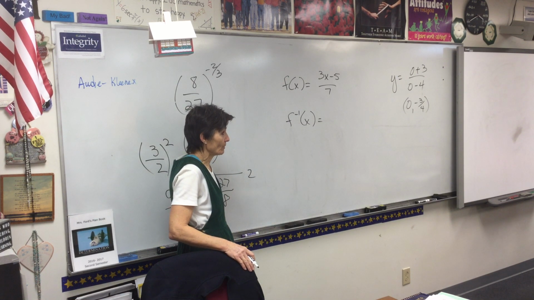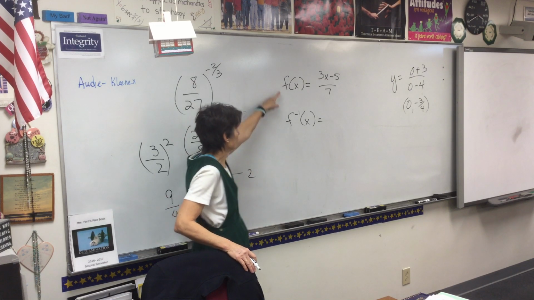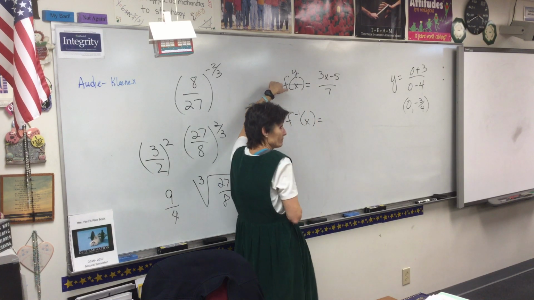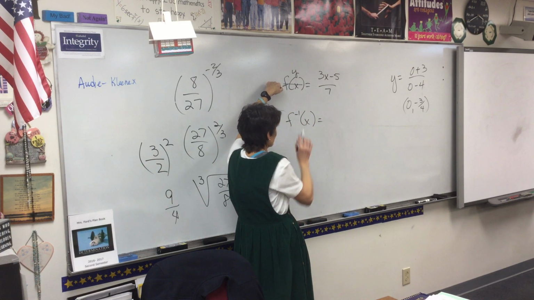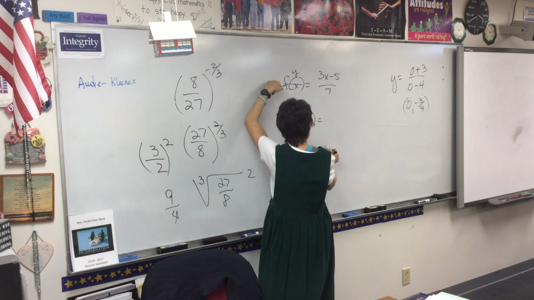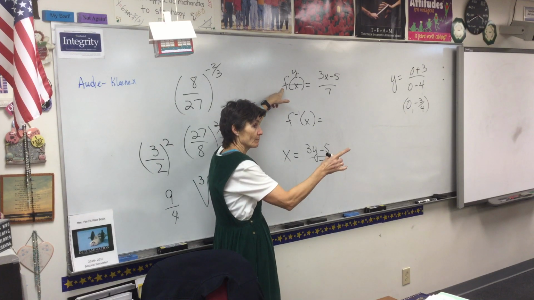Okay, so what do we do? Yeah, we're going to think of this as y, right? And then we're going to switch the variables. So x equals (3y minus 5) over 7. Right?